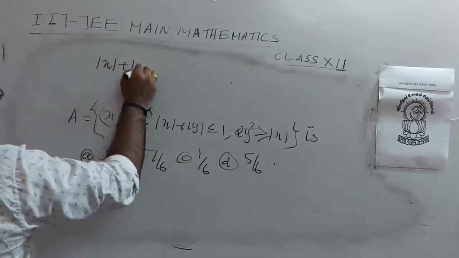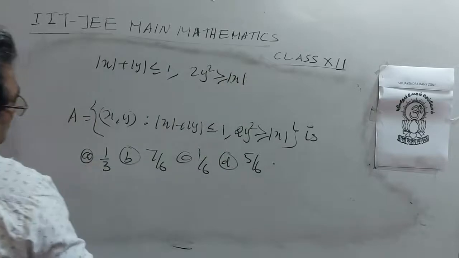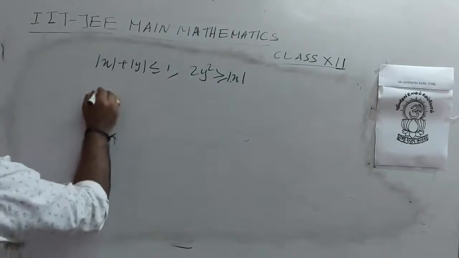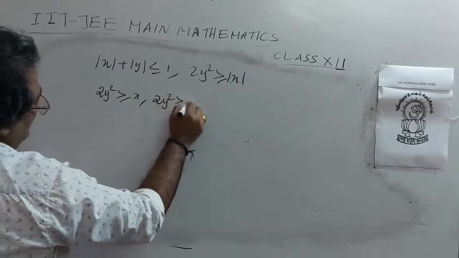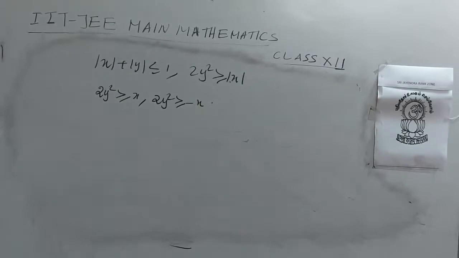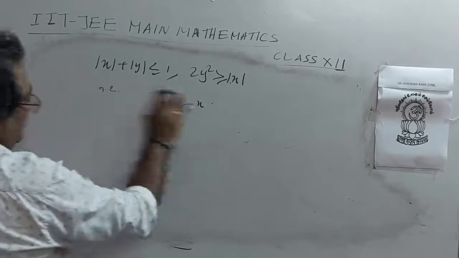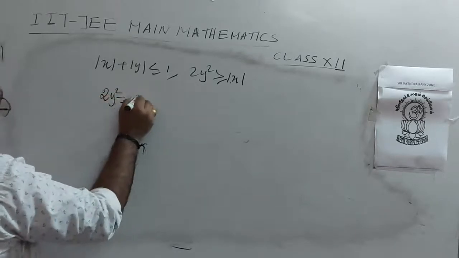Modulus x plus modulus y less than equal to 1, and 2y squared greater than equal to modulus x. So 2y squared greater than x, that means 2y squared is equal to x.